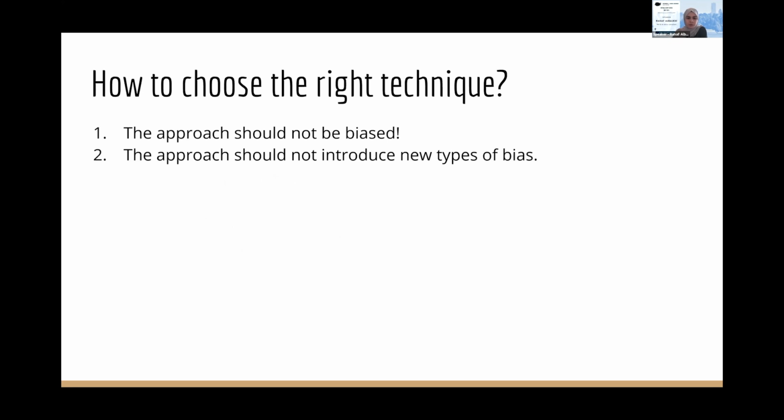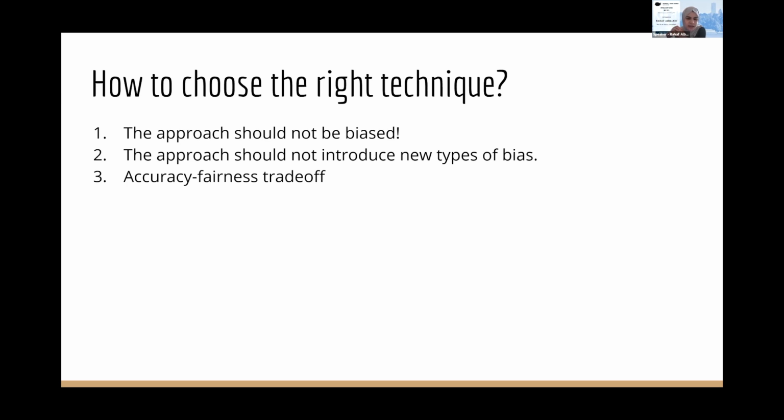So whatever approach you choose, even the other approaches that I mentioned from that survey, whenever you apply any of them to your system, you need to test it again for not only the bias types that you were solving for, but all of the bias types that you know of. And then you need to see that a good approach is one that is not going to introduce new types of bias to your system. The third and last point is to choose an algorithm that will give you an accuracy-fairness trade-off.